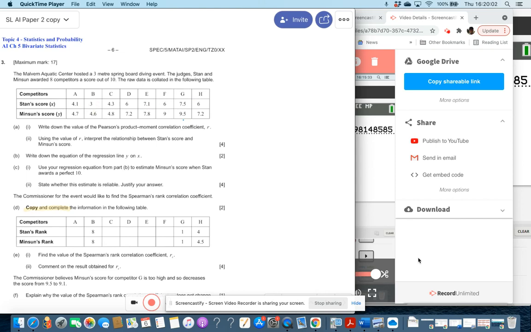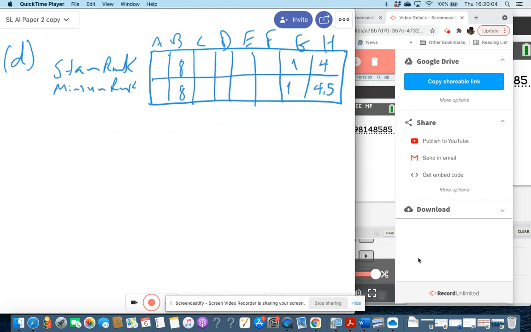So we need to fill in that table, and then we can put the data into the calculator. Sorry, this is what I got on my table. 4, 2, 1, 4. Oh, I have a 3-way tie here.